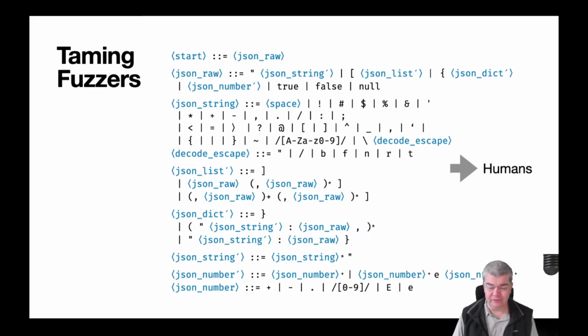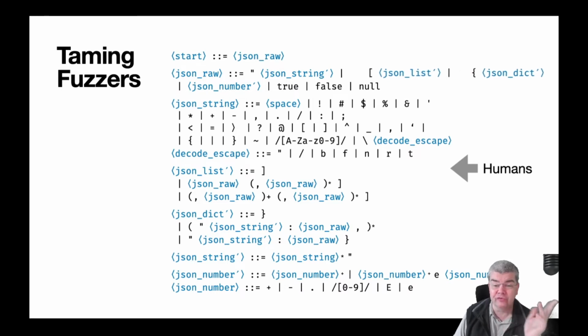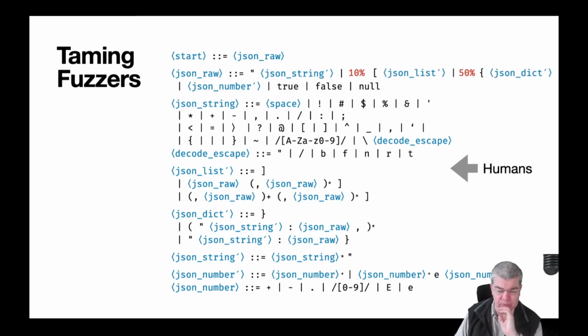And last but not least, you can also make them available for humans. And what is it that humans can do with it? Well, for one thing, humans can actually read them and manipulate them. For instance, humans could say, okay, I want this whole thing to be probabilistic, and I want specific elements to occur less often, and I want other elements to occur more often. This is a way to exercise control about what should be tested in here.